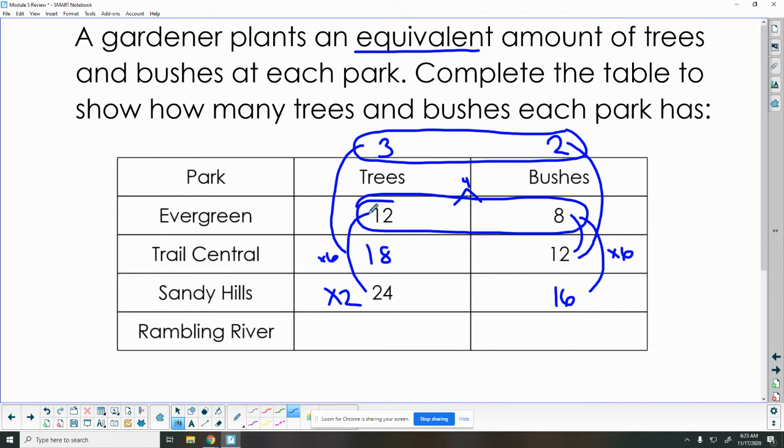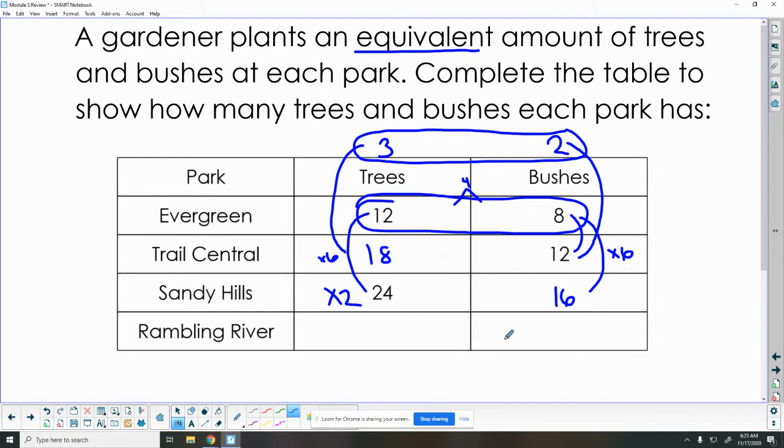So to go from Evergreen to Sandy Hills, we did Evergreen to Sandy Hills on the other side. To get Trails Central, we use the basic ratio on both sides. So you just want to make sure that if I use this 2 and times by 6, that I don't all of a sudden do 12 times 6. That will give me a different problem if I'm comparing the basic one to Evergreen.